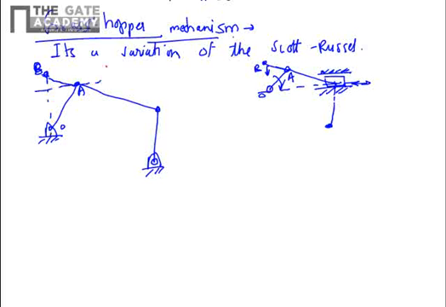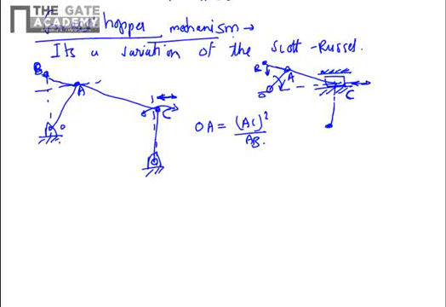So you will extend it like that, and there is a special property. While in the slider crank you had the link C as a sliding pair, in the Grasshopper you have a rotary pair. So it will have a rotary motion mechanism. At the exact 90-degree position, it will have an approximately horizontal motion. So the special condition needed in this mechanism is that OA is equal to AC square by AB.